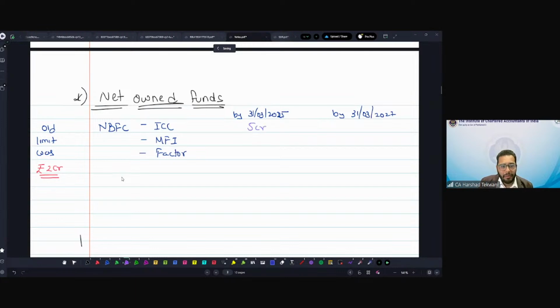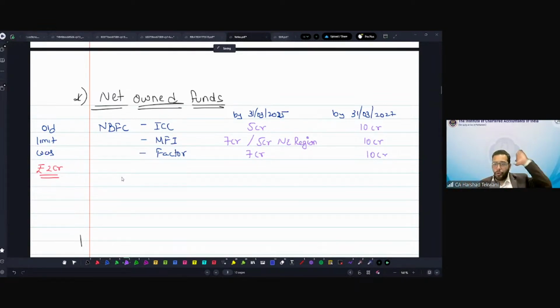you bring up to 5 CR, 7 CR. 5 CR for any region. Any region means NBFC incorporated in the northeast region of India. And then this is for factor, 7 CR. So by 2025, from 2 CR bring to this level, and by 2027, now everyone should bring to 10 CR. So gradually it was increased from 2 to 5, 5 to 7, 7 to 10.